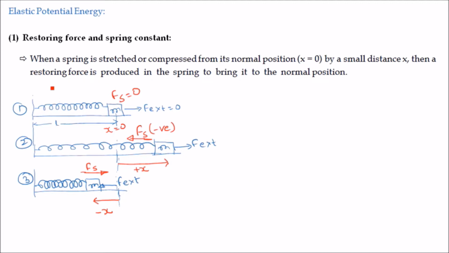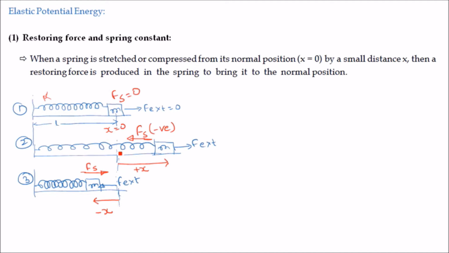This is our spring having a spring constant equal to k and its natural length is equal to L. The mass m is attached to the spring which is currently at its normal position, that is x is equal to 0, and in this case we have not applied any external force on this. As we have not applied any external force, or the spring has not been stretched or compressed, there is no spring restoring force.